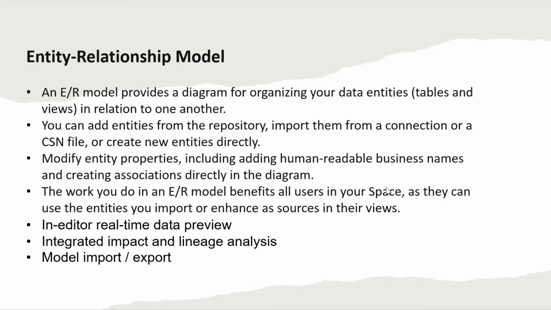For example, if we have a fact table in our Datasphere and we need attributes for different dimensions, then we will associate our dimension tables, which are also known as attribute or master data tables, with our fact table. And in turn we also associate text tables with our dimension tables.